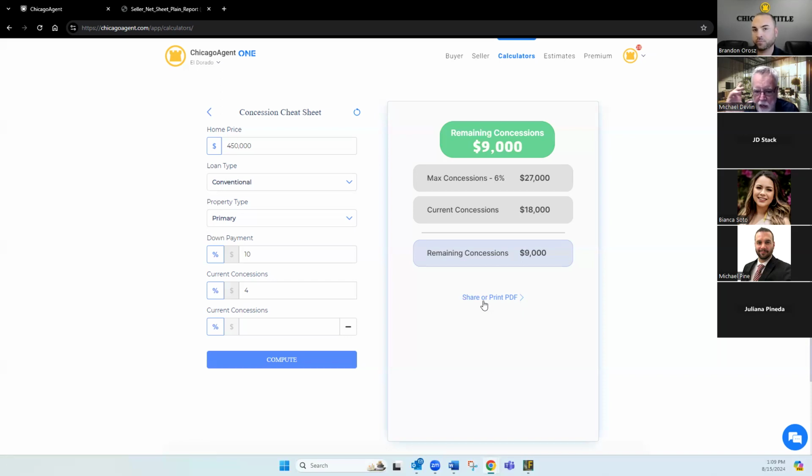Now you can understand from the buyer's perspective, they think they're being cheated out of $10,000 because it said the seller was going to give the buyer a credit of 30, and now the seller is giving the buyer a credit of 20. You're cheating me. Now, what the clause in the residential purchase agreement says is that if the amount of the credit exceeds the amount that the lender will allow, you don't get it.